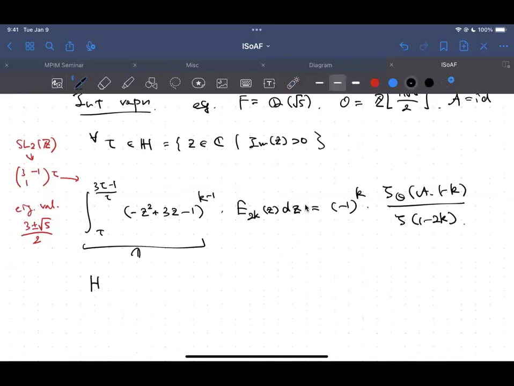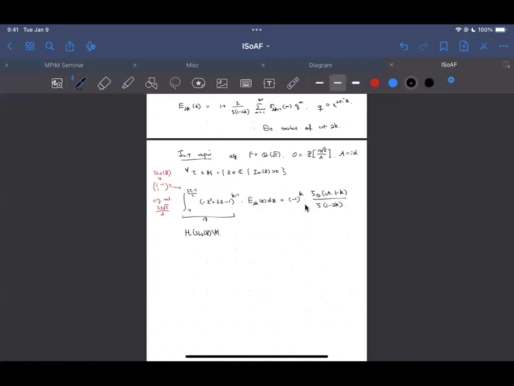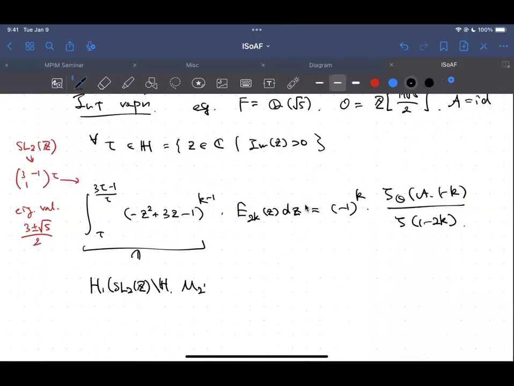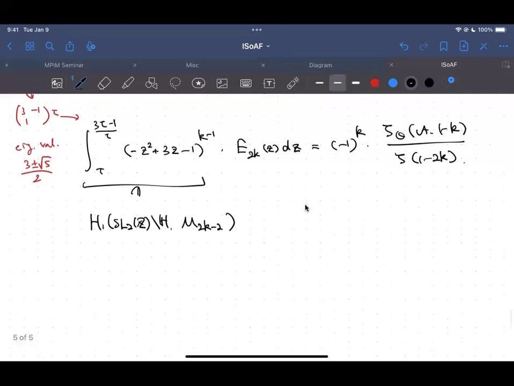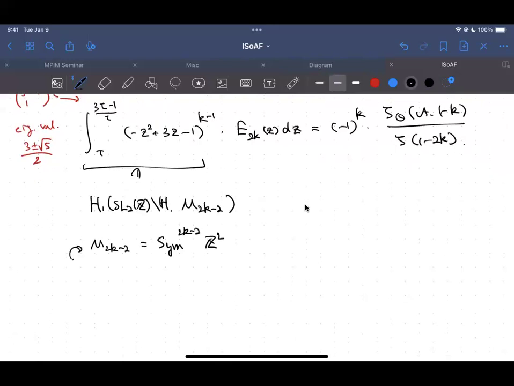This part defines the first homology with some coefficient, which I will denote by M_{2k-2}, where this is the (2k-2)-th symmetric product on which we have a natural action of SL2Z.